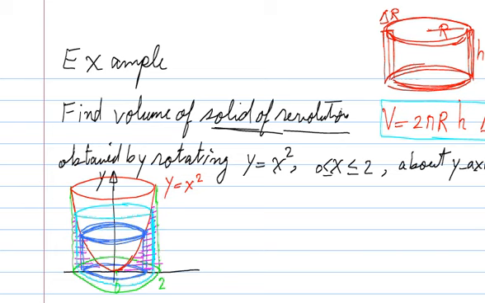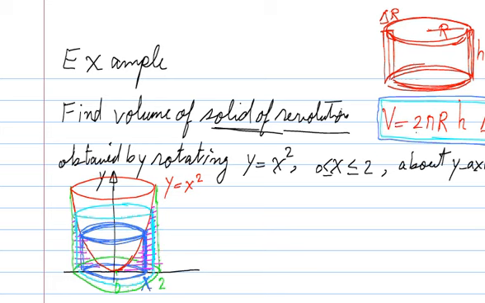Suppose I concentrate on this shell that is here. Imagine the point at which this shell is drawn is at the point x. Now let's find all the ingredients of this volume formula.